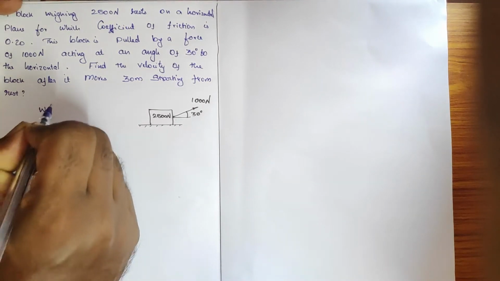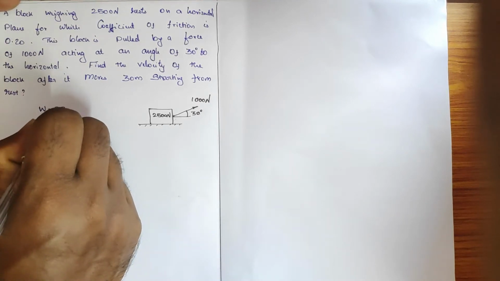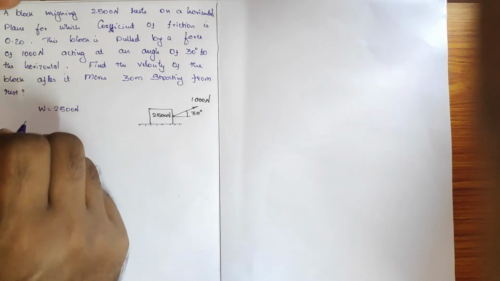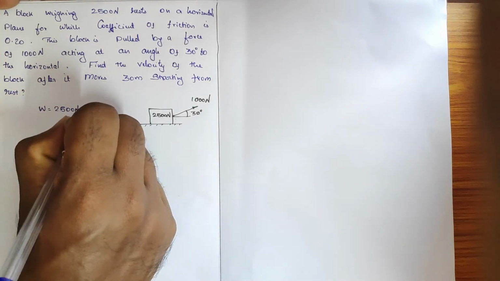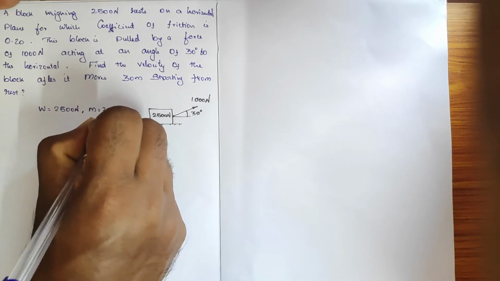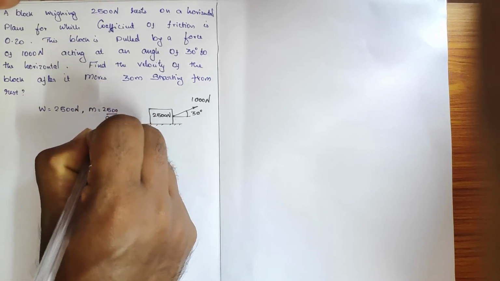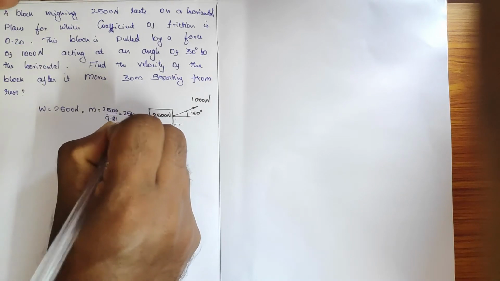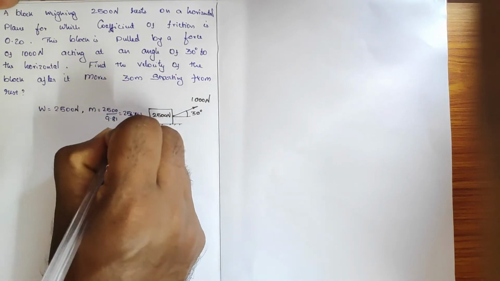So the weight of the object is 2500 Newton, and the mass is nothing but weight divided by 9.81, so here we get 254.841 kg.